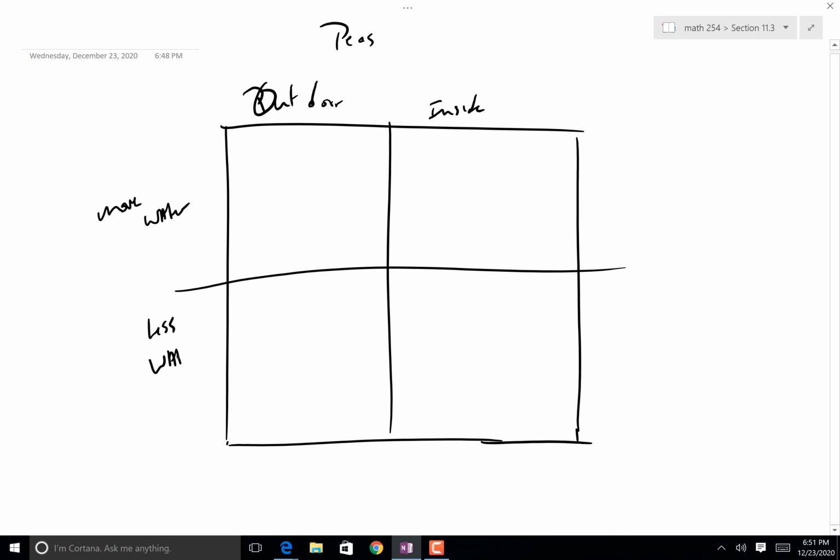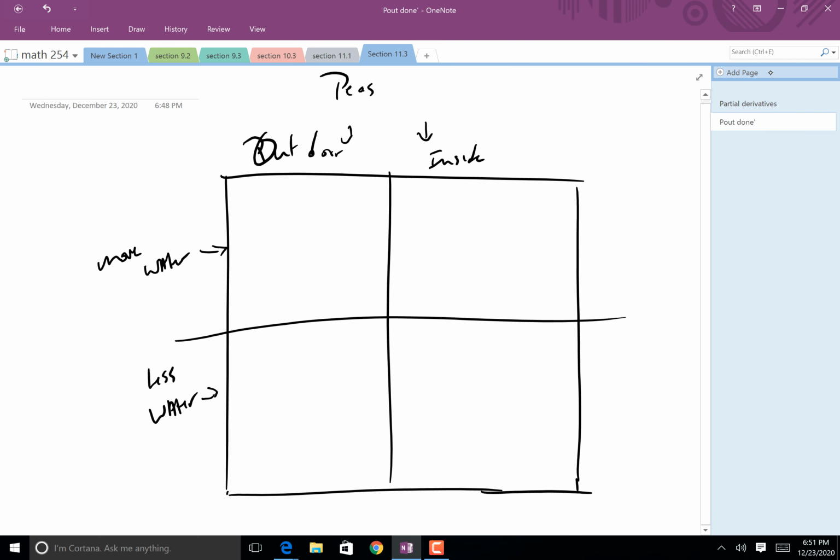If you compare the top row versus the bottom row, what you're finding is the impact water had on them. If you compare this column versus this column, you're comparing the effect of being inside or outside. That's exactly what we're doing when we talk about partial derivatives.